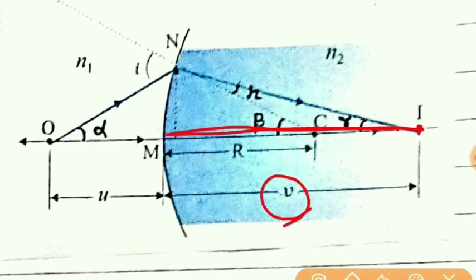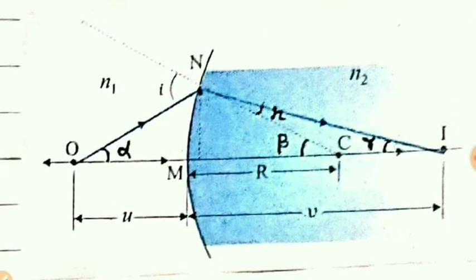And whenever we considered these triangles for taking these angles, in all the triangles this line NM was common. So NM was common in all.